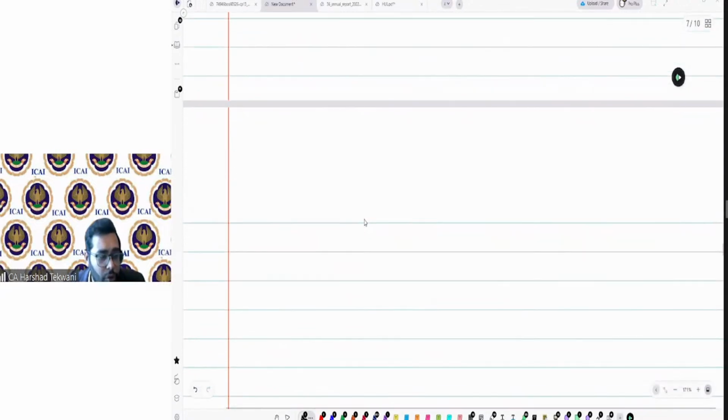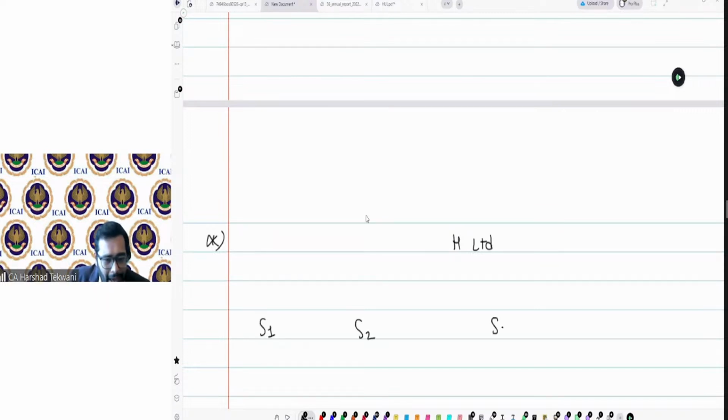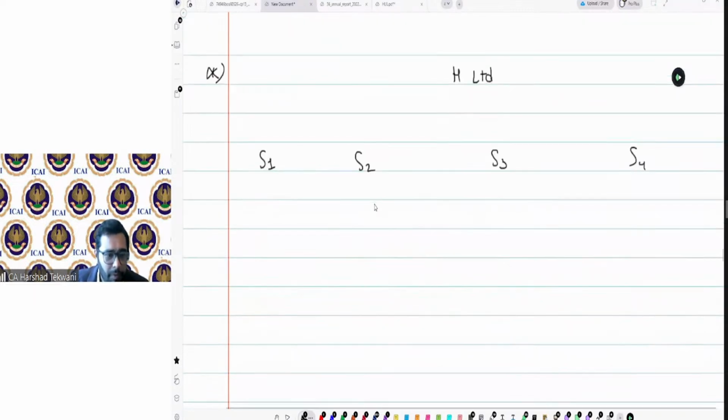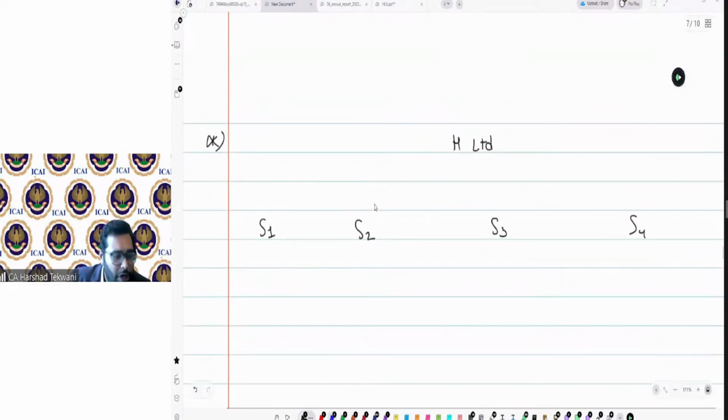Another area I want to deal with is, let's say, for example, I'll take the above example: H Limited, S1, S2, S3, S4. We have four different subsidiaries. Let's say I have the names of the auditors written in this particular way.